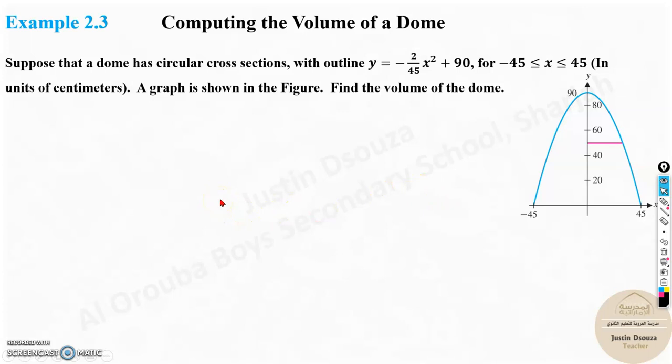Now look over here. In this problem, there is a little bit of difference because of the circular cross section, we have to find this entire volume. Now when we see the cross section over here, this is the cross section they are given. This is the part you're finding.